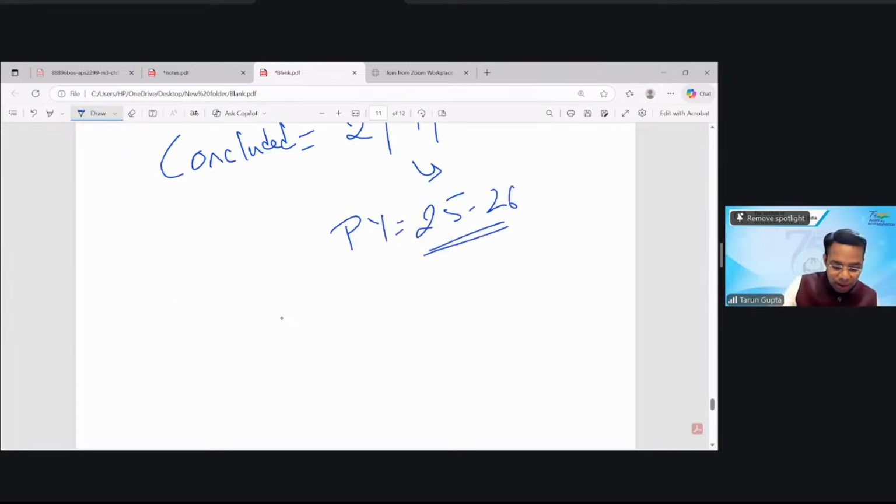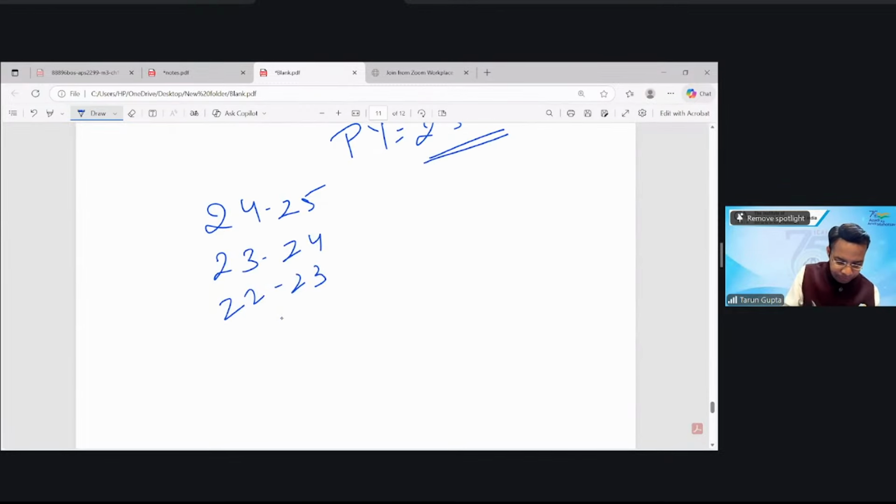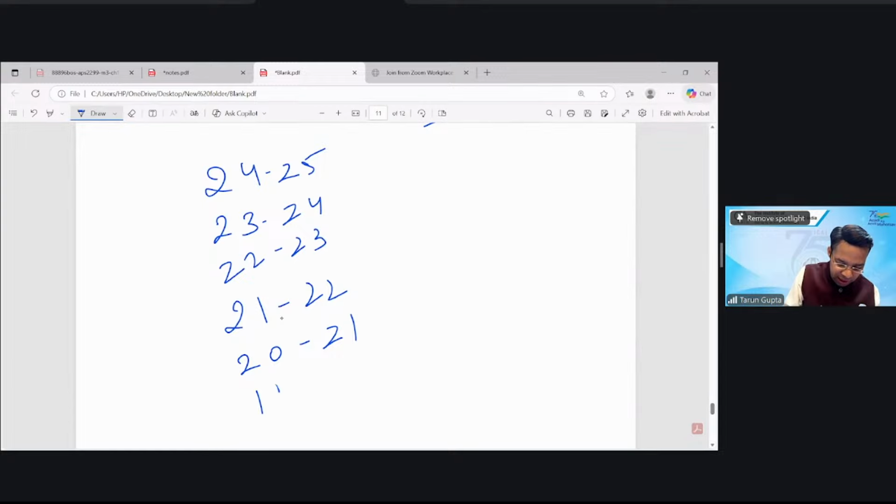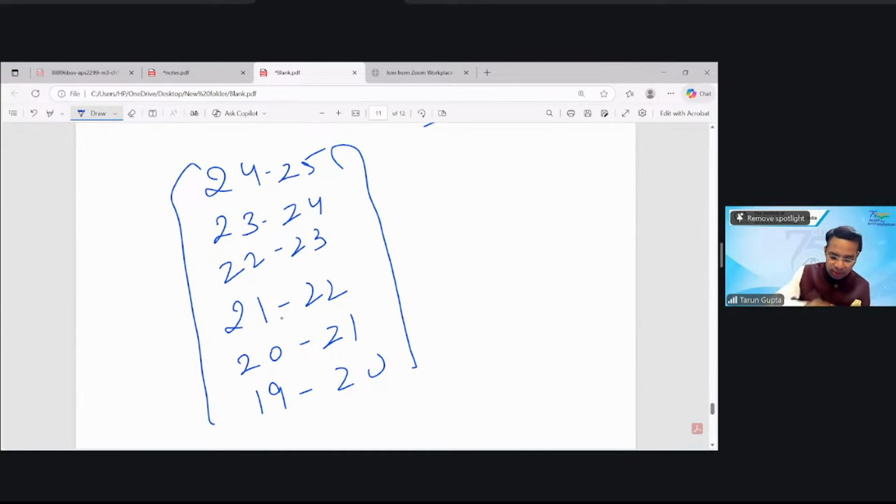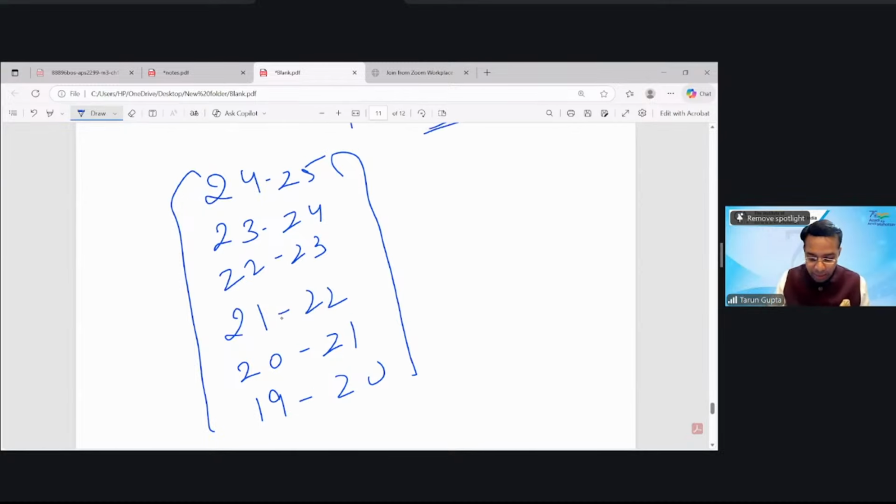So the block period in my case would be 24-25, 23-24, 22-23, 21-22, 20-21, and 19-20. So these 6 years are a part of the block period. It's not ended.